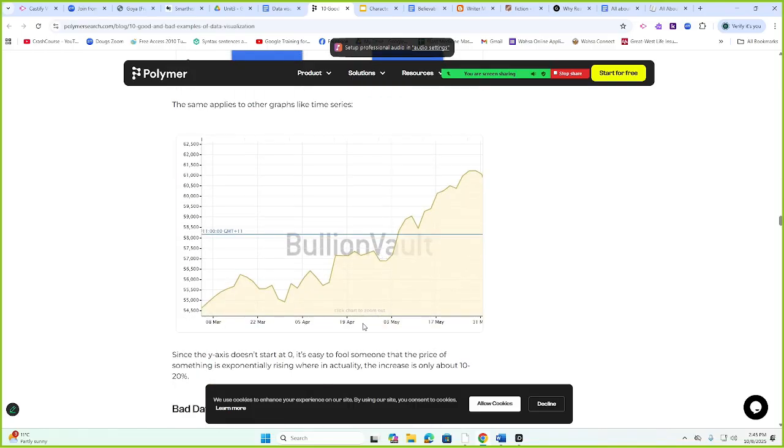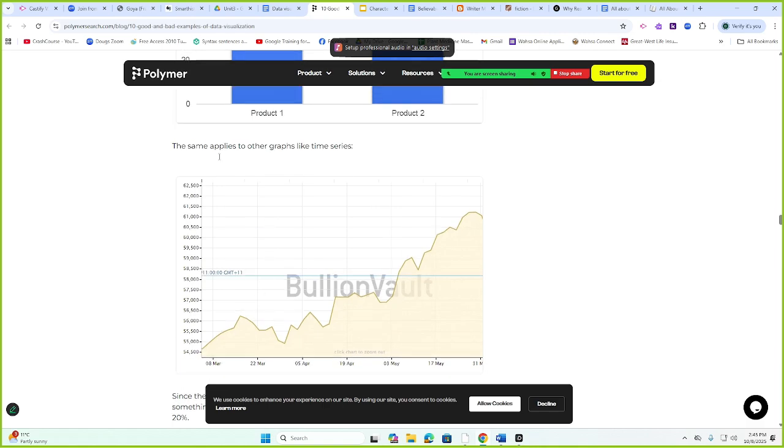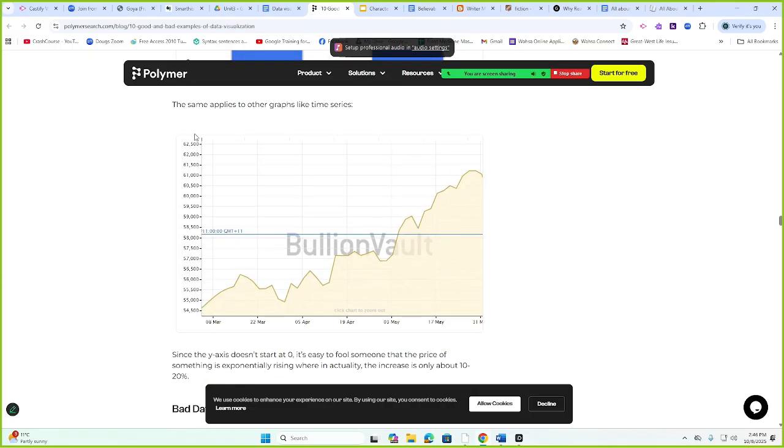And then this example, here's a time series, right? From March the 8th to May 31st. Okay, so we have these values over here on the left, starting at 54,500 and then going up to 62,500.